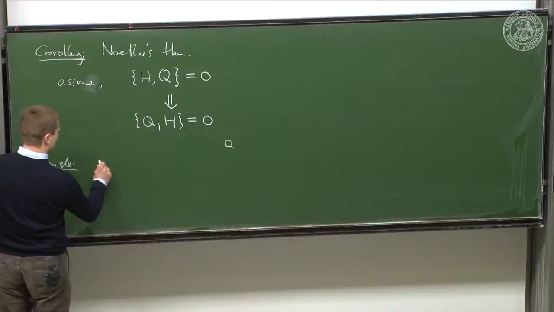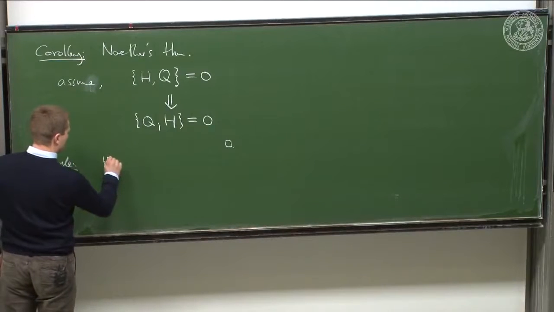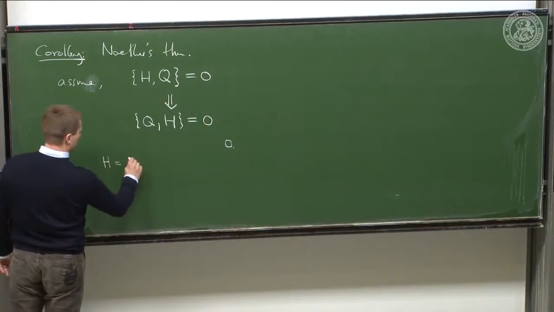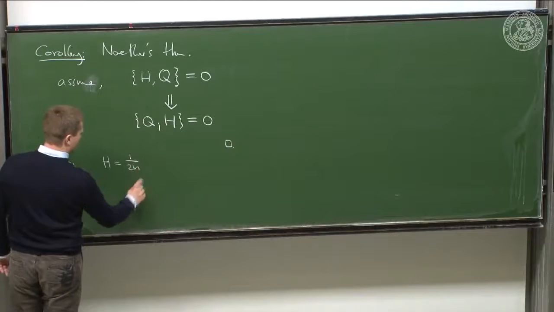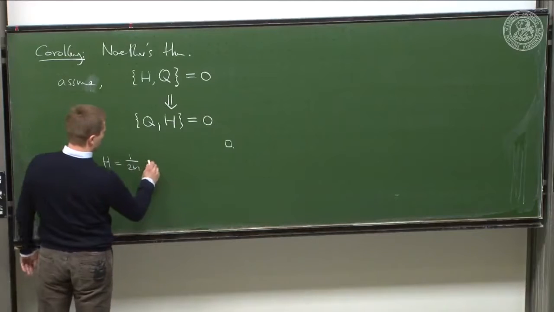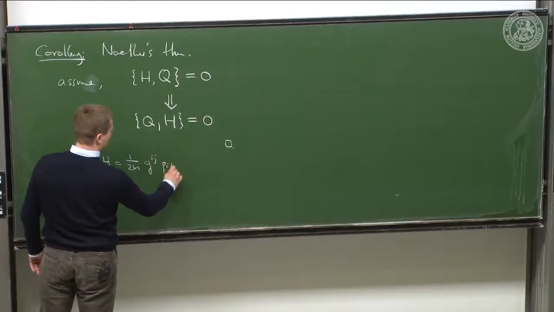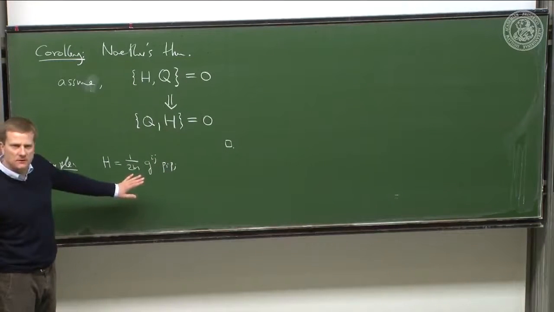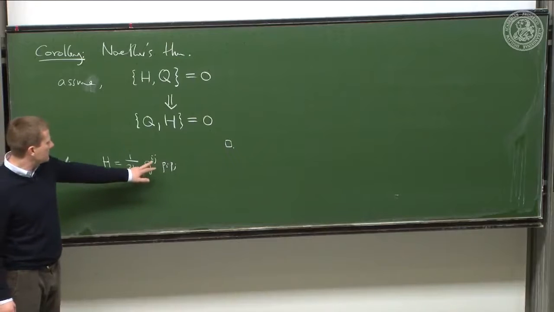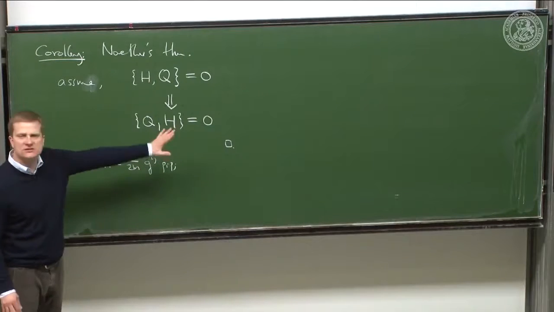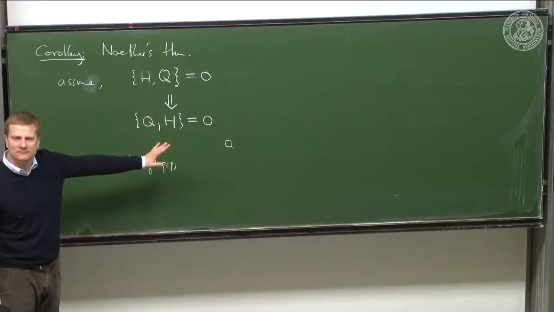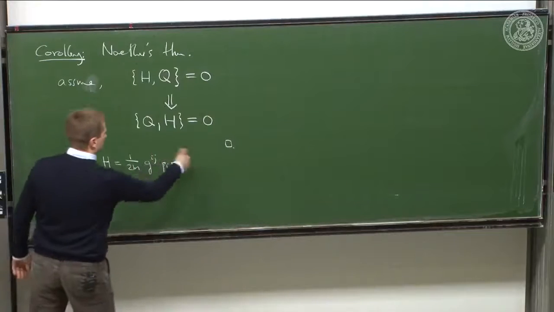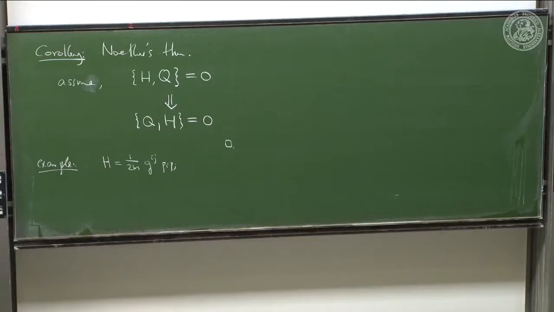Example, let's take H being 1 over 2m g^{ij} p_i p_j in Darboux coordinates, okay? And the g^{ij} in those coordinates is also constant throughout the Darboux chart. So it's just the standard inner product.